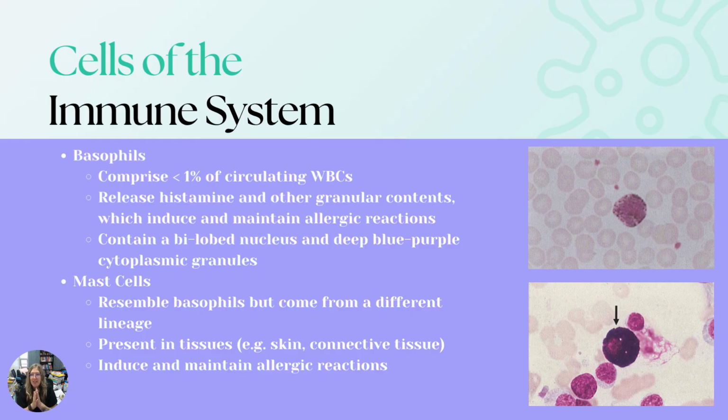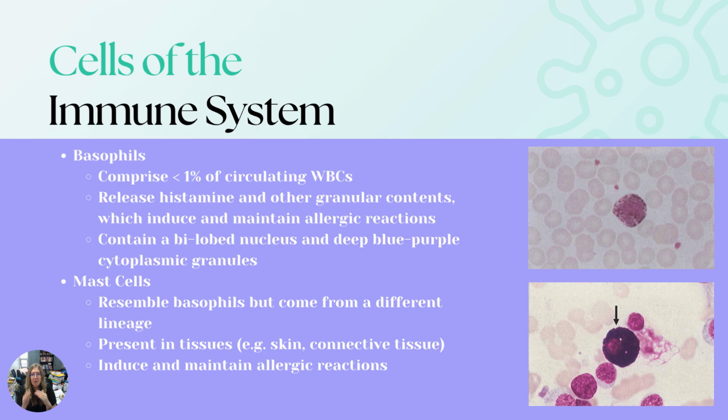Then we have our basophils and mast cells, and they are related functionally, especially in allergic and inflammatory responses, but they're not the same cell. Our basophils circulate in blood and make up less than 1% of circulating leukocytes.